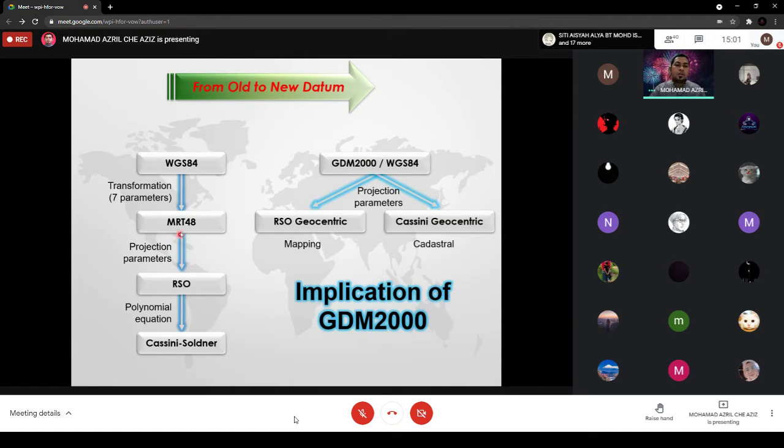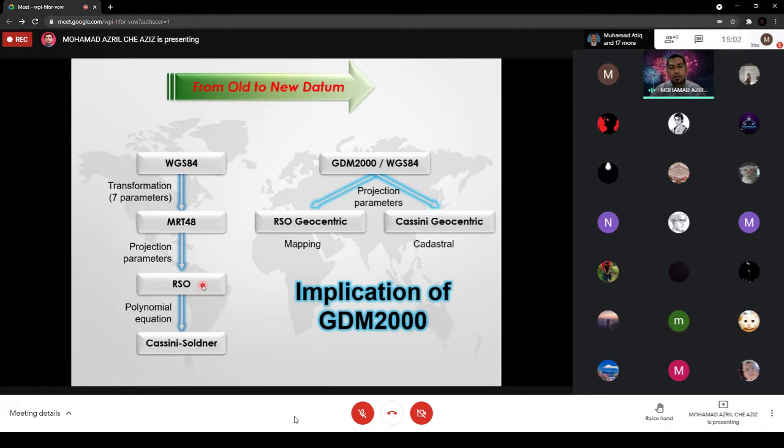The important thing is this flow from the old to the new datum. From MRT 48, this we categorize as a datum. Then you have a projection change to the RSO old, sometimes called MRSO. This MRSO is used in engineering work, so it will cover, for example, Peninsula Malaysia.